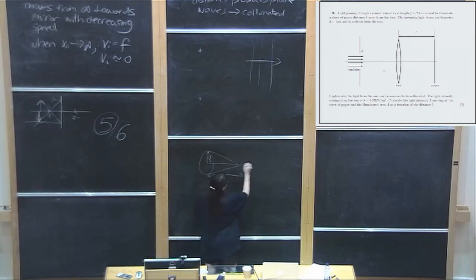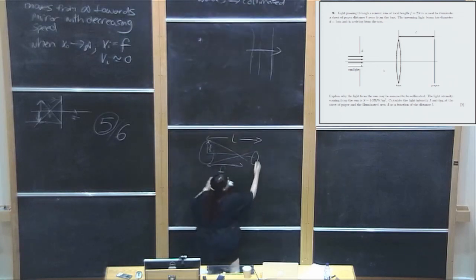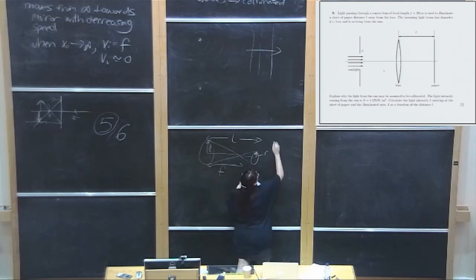Okay, and I've got to put my paper somewhere. Let's put it over here. So that distance that I'm drawing there is the L shown on the diagram. I'm going to label the radius of this spot on the paper r, and we want to calculate pi r squared, as the question asks us to.